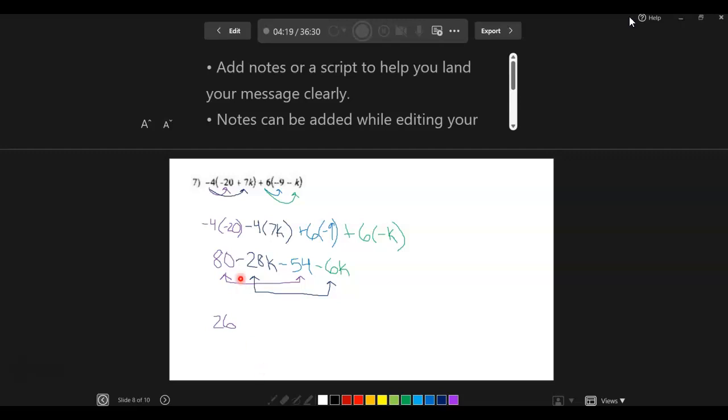Now we've got our k's. Negative 28k and negative 6k. So a negative plus a negative, we're going to add the numbers together because they have the same sign, and we're just going to keep the same sign. So 28 plus 6 should give me 34k, negative 34k.